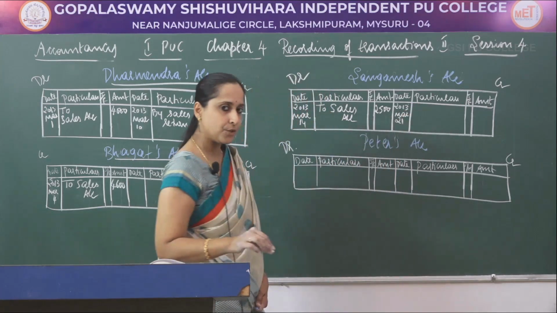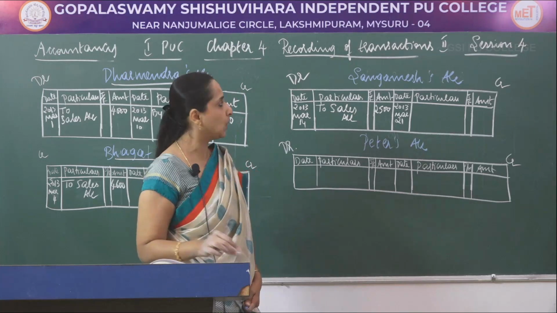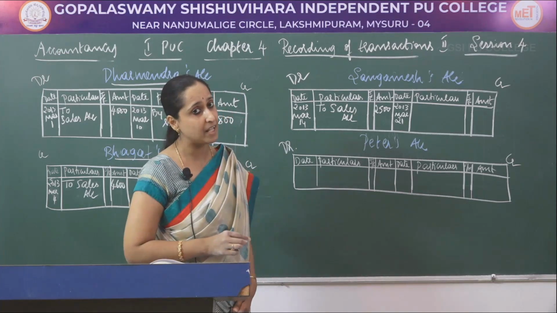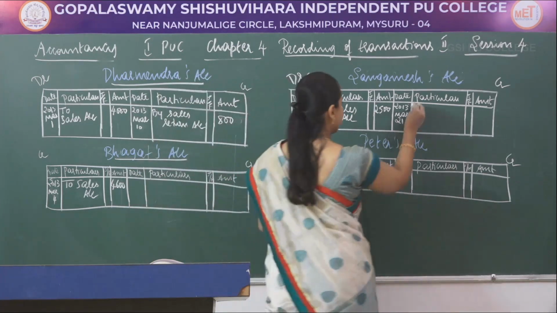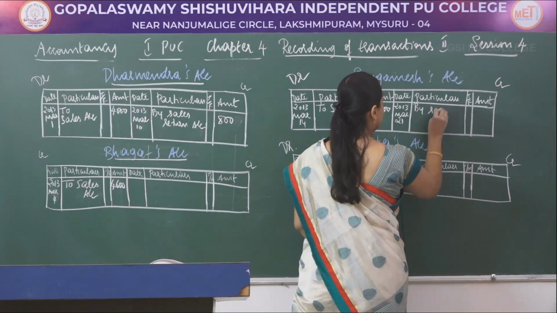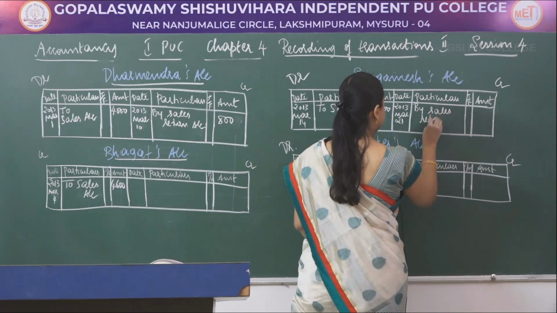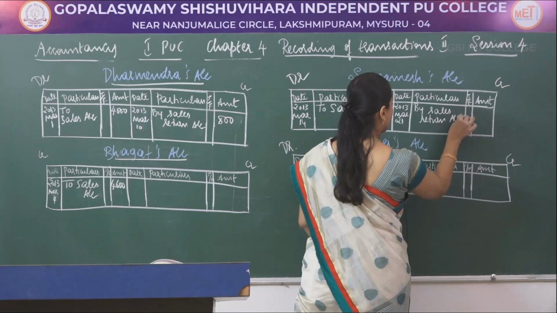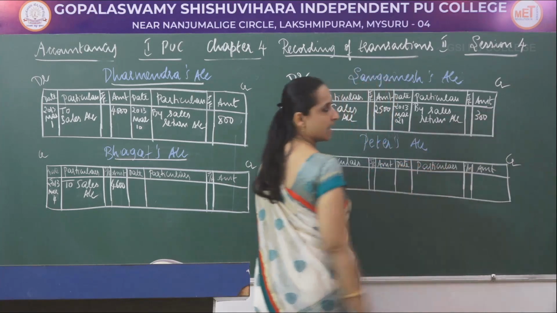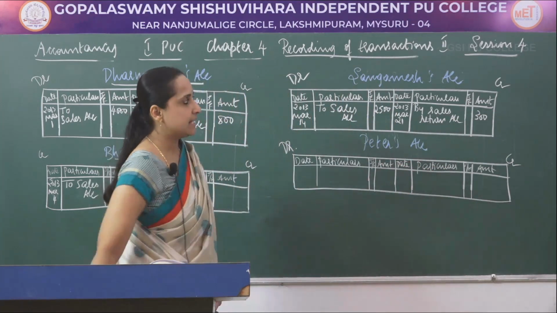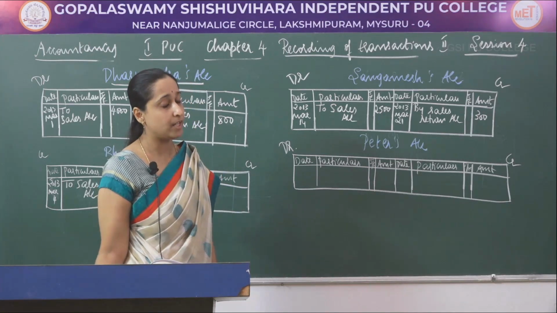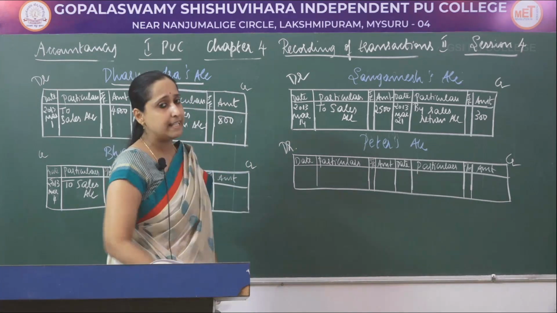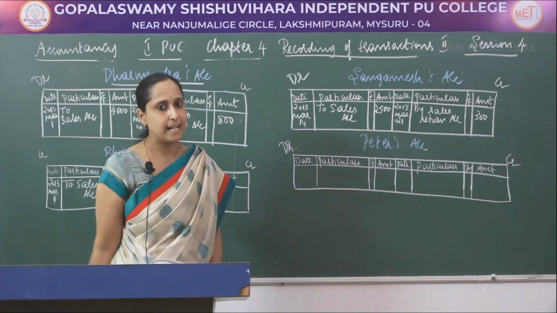So what is the journal entry? Sales return account debit to Sangamesh's account. In Sangamesh's account we would write by sales return account worth rupees 300. So this is related to Sangamesh's account. There are transactions related to both sales and sales return, and we have posted them to Sangamesh's account.